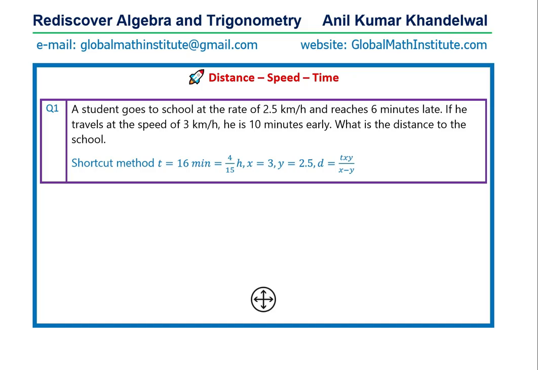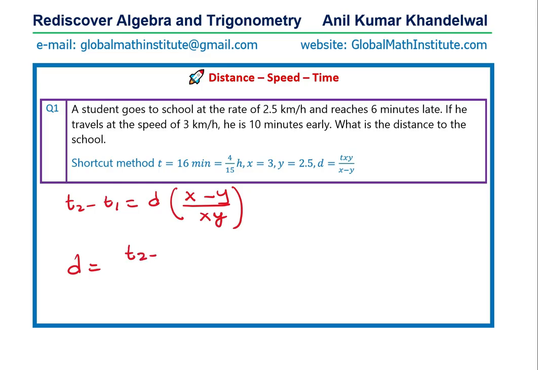So, now here we have the shortcut method. The difference in time is what? The formula was t2 minus t1 equals d times (x minus y) over xy, correct? And the distance was (t2 minus t1) times the product of the speeds over x minus y.